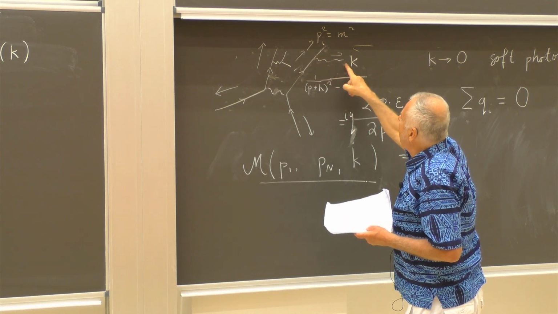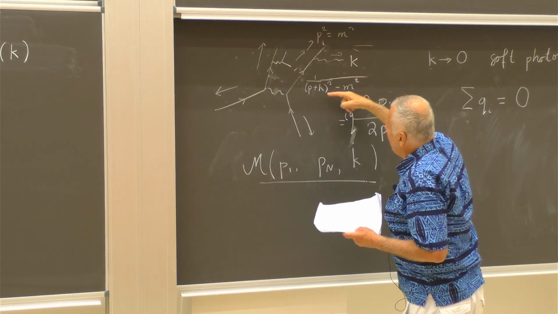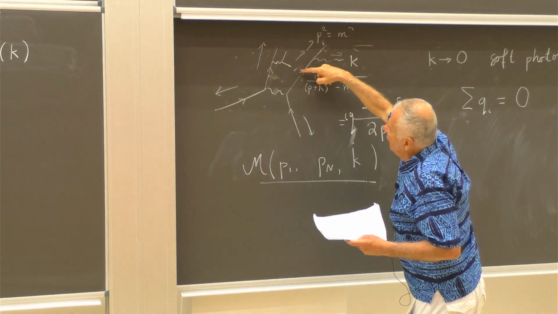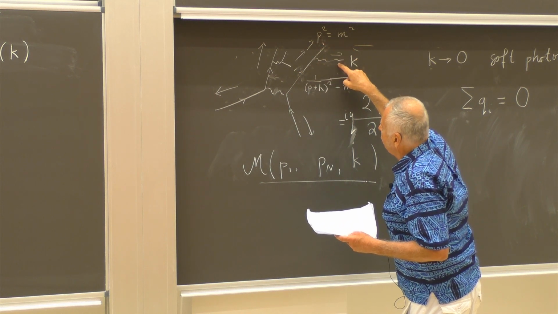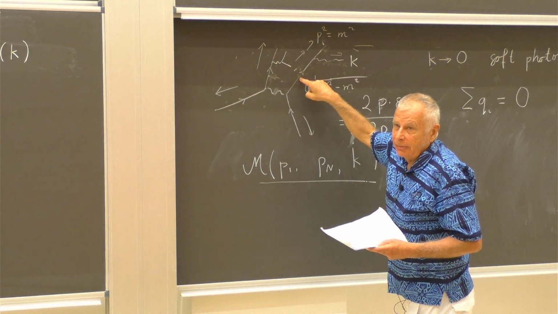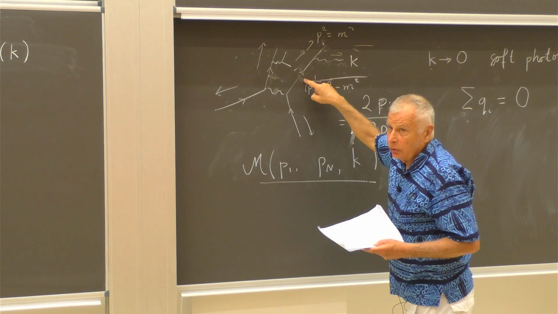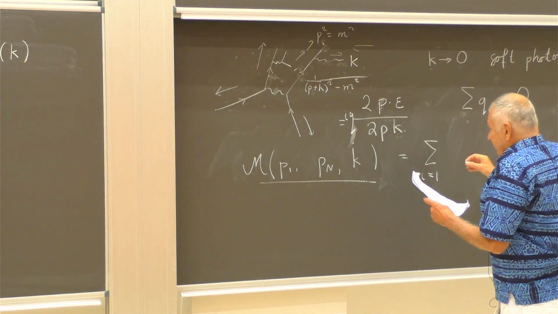So essentially the amplitude with this one soft photon factorizes into the singular factor times the amplitude in which there is no photon, but this charged particle is again on shell and has the same momentum, because in the leading approximation k is equal to 0.